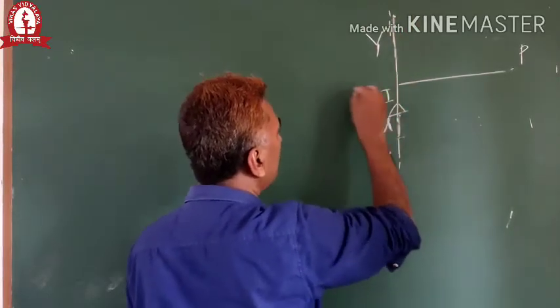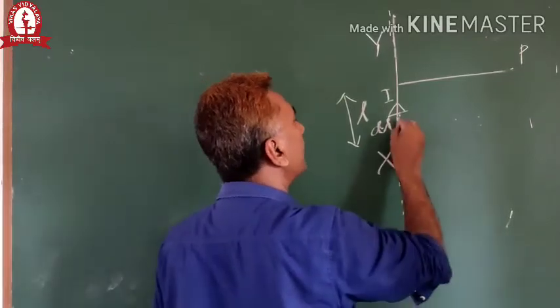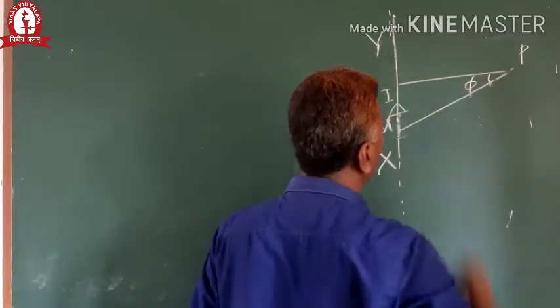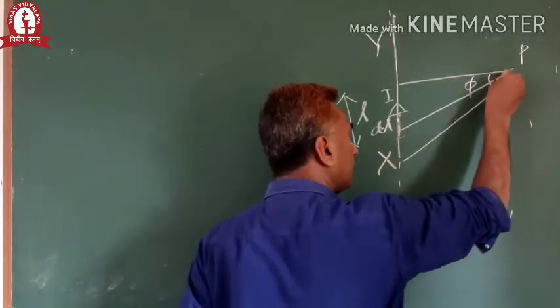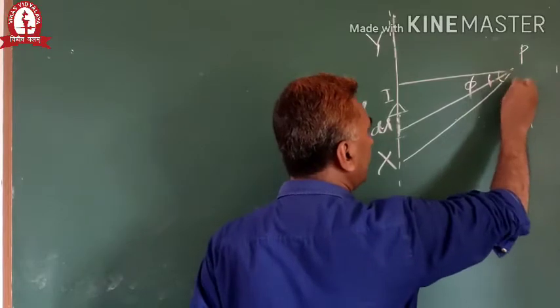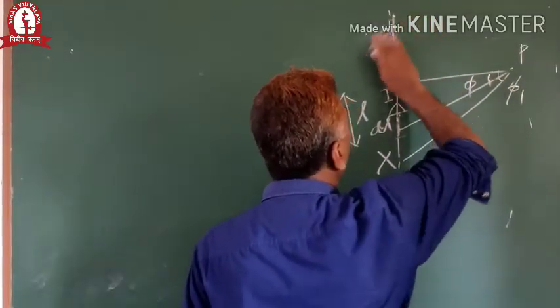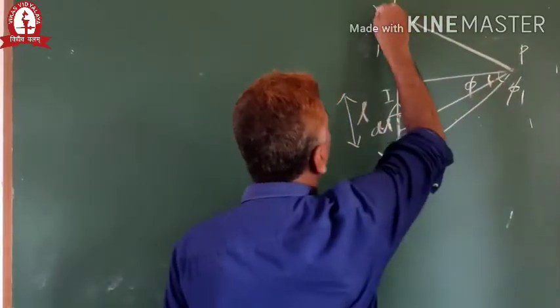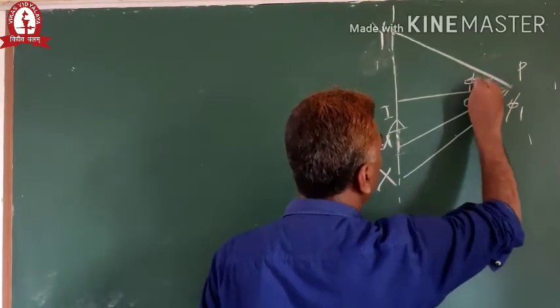L, right? Means length from this point is given as L, and the angle which it makes is phi, and the angle from this bottom side, this complete angle, let it be phi 1, and from y point is here, so this y is making an angle from this is phi 2.